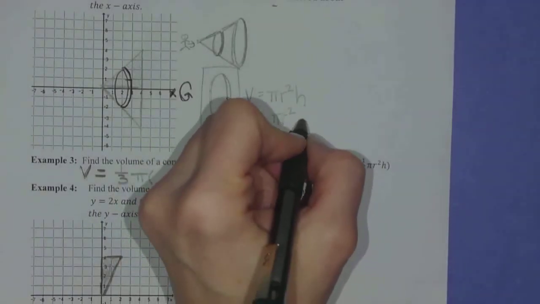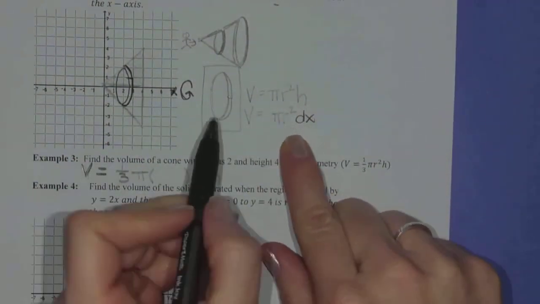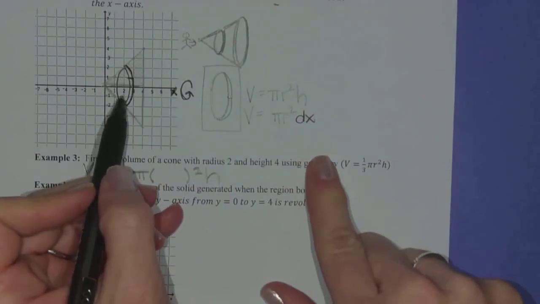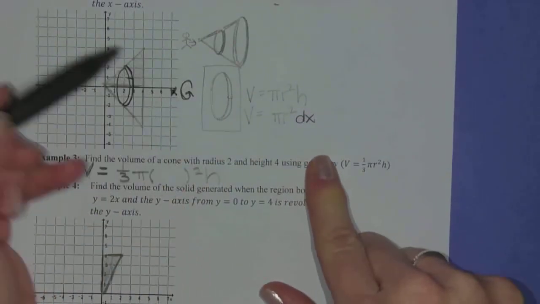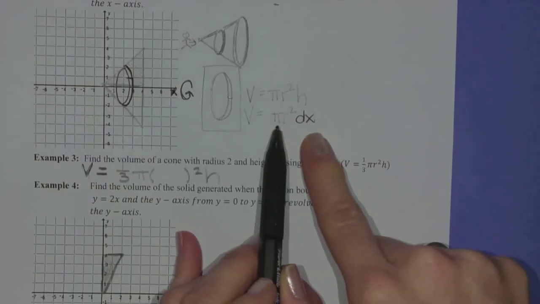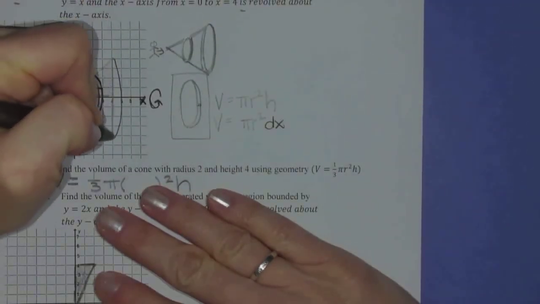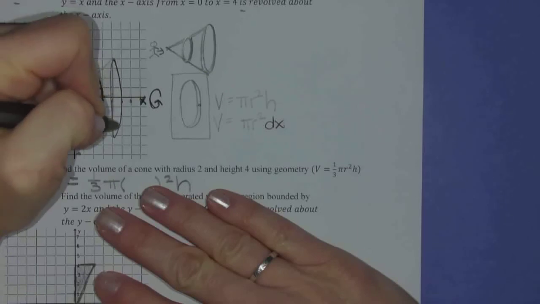So my height becomes dx. So the volume of just one cross section of this 3-dimensional shape we've created with rotation is equal to pi r squared dx.